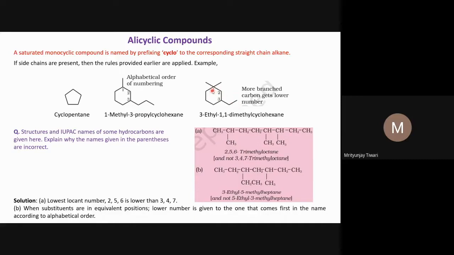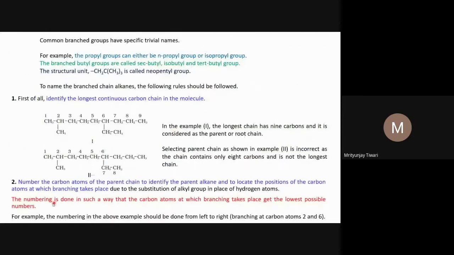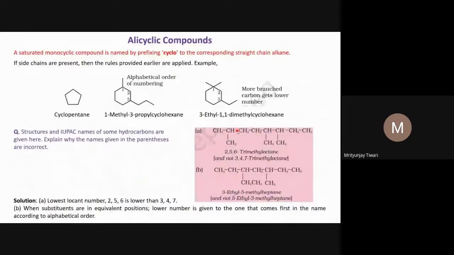So the numbering is done in such a way that the carbon atoms at which branching takes place get the lowest possible number, and this rule comes first in priority. If I start numbering from here, these two methyl groups get position one, so 1, 1, and then this is third. If we start numbering from here, it is 1, 3, 3.